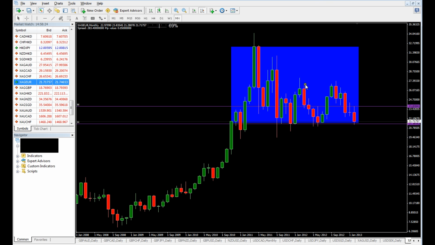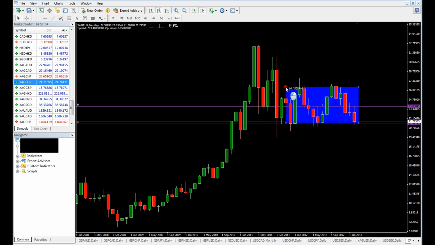Within this range market, we are within this smaller range market. Range markets are often enclosed one within the other, so we could also draw a smaller range market here, which is more current, let's say.